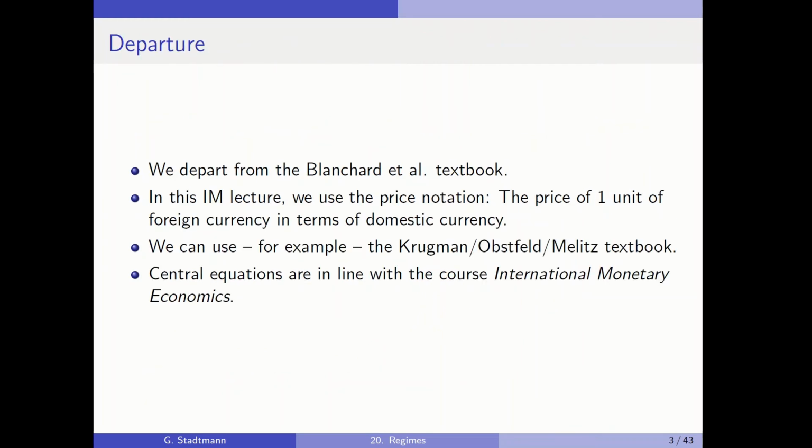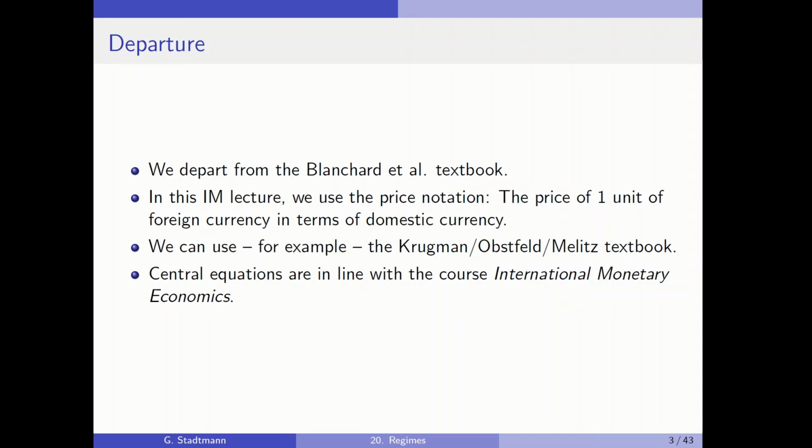I would like to depart from the Blanchard et al. textbook, and in this lecture in Intermediate Macroeconomics, we will use the price notation. So the price of 1 unit of foreign currency in terms of domestic currency. We can use, for example, the Krugman-Obstfeld-Melitz textbook in order to have a look at the one or the other concept.